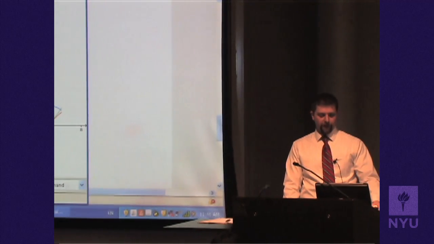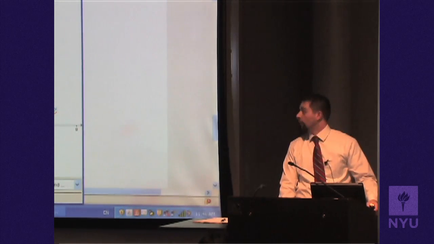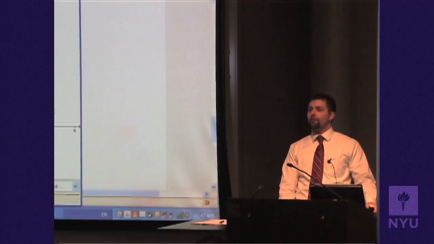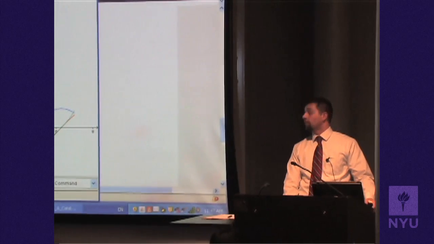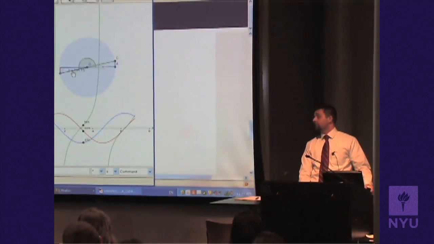Okay, so the things you need to know about sine and cosine is that they're periodic. Tangent as well is periodic. And that sine and cosine both have a range between -1 and 1. That's one very important property of them. They don't get too big, they don't get too small.